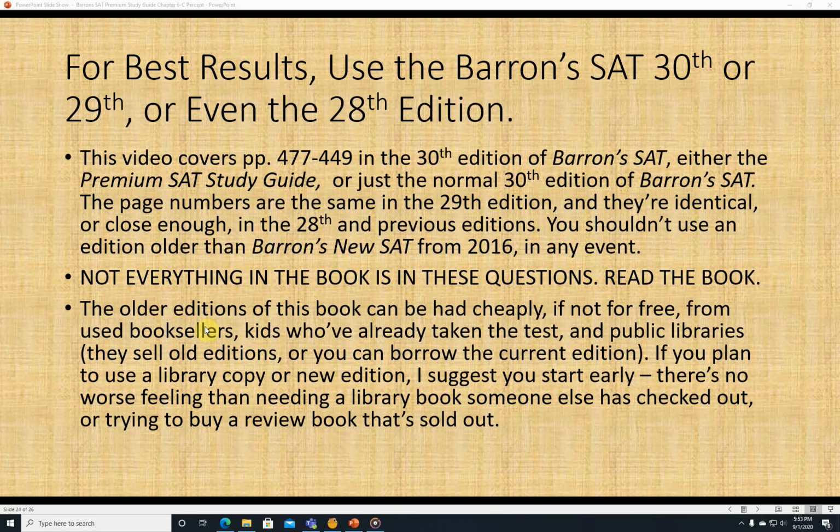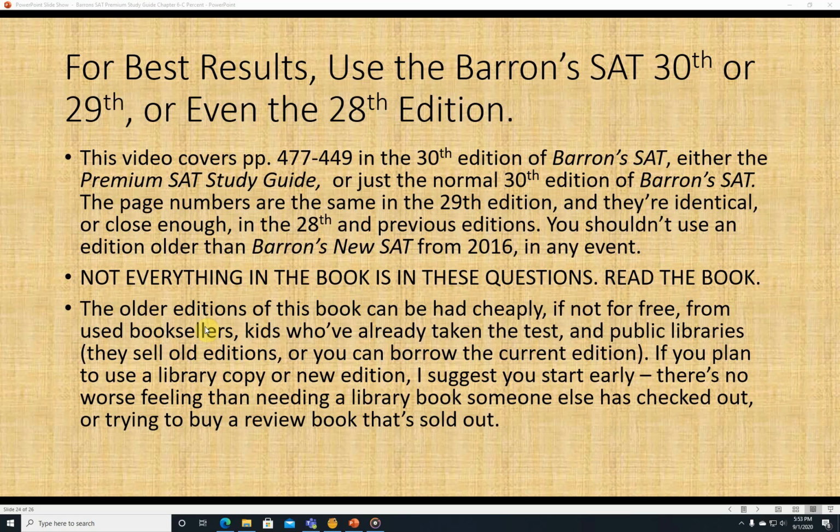The page numbers are the same in the 29th edition, and they're identical or close enough in the 28th and previous editions. You shouldn't use an edition older than Barron's new SAT from 2016 in any event. It's the edition that was released for the 2016, in quotes, new SAT, so it might have come out in 2015. Anyway, don't use something earlier than the 28th edition.